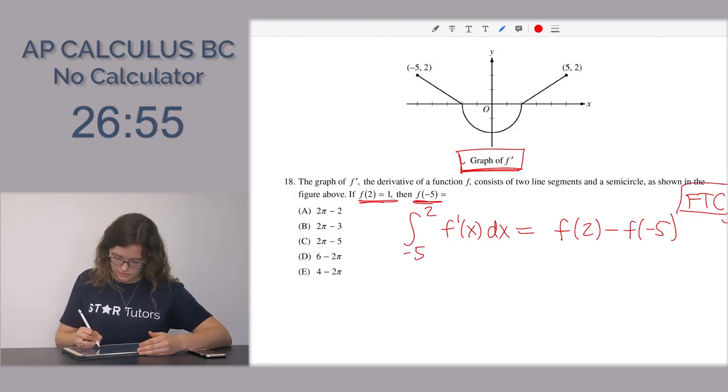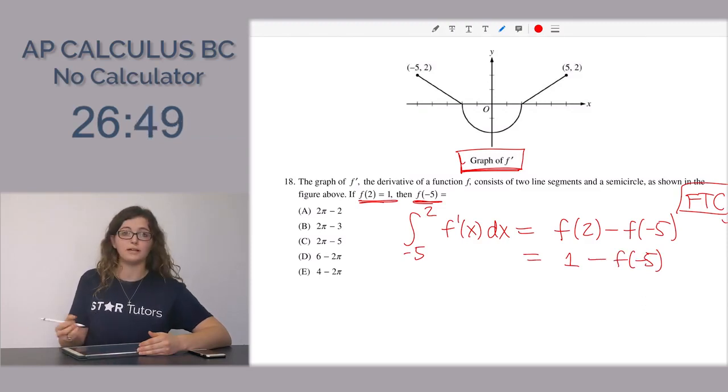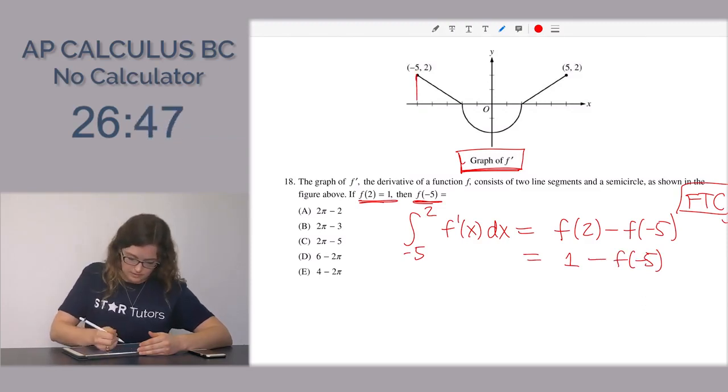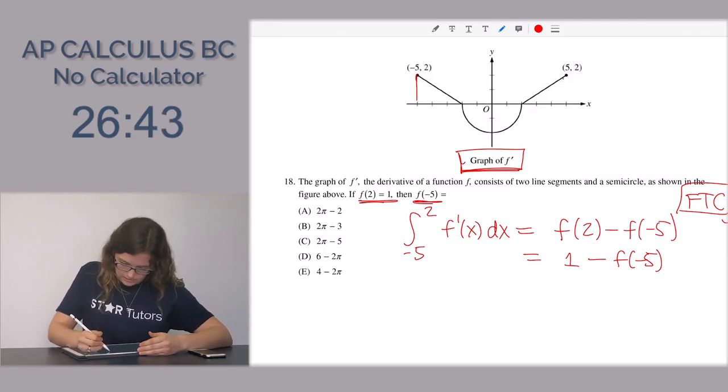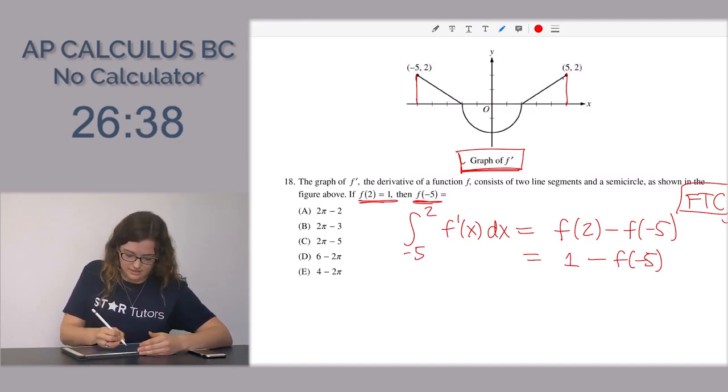They give me f of 2. They tell me that's 1. I'm trying to find f of negative 5. And I can find this integral by just finding the area under the curve. So I want the area under the derivative from negative 5 all the way to 2. It's good that they tell me this is a semicircle so I can actually find the area. For these triangles, we've got 1/2 base times height.